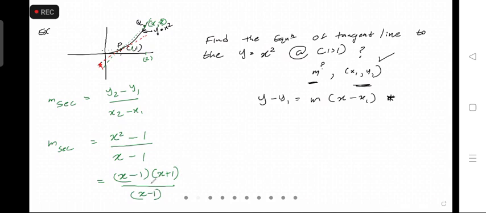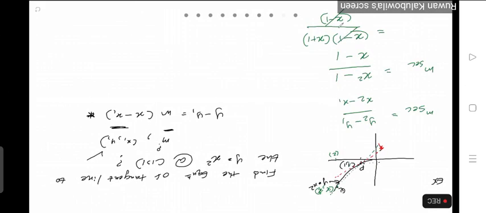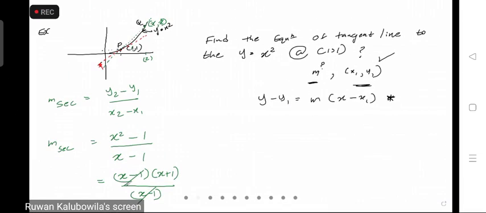Now you can simplify this a little bit more, but you have to be careful. Why? You can take out these two from the equation. Is it okay?